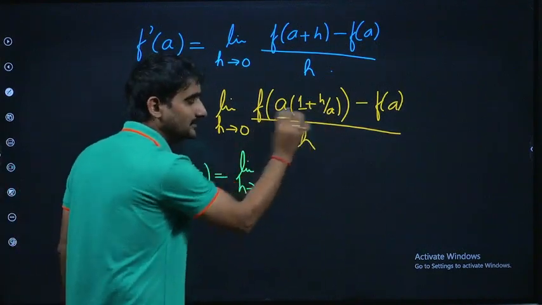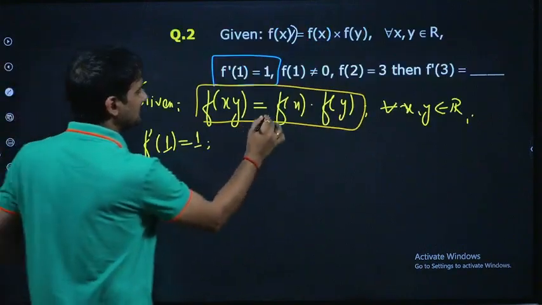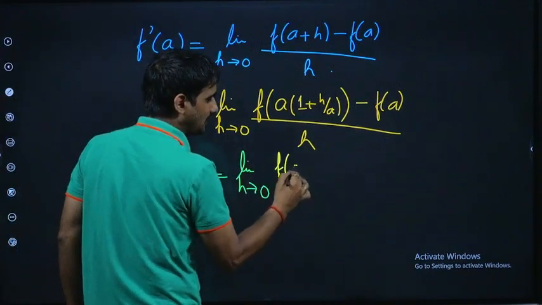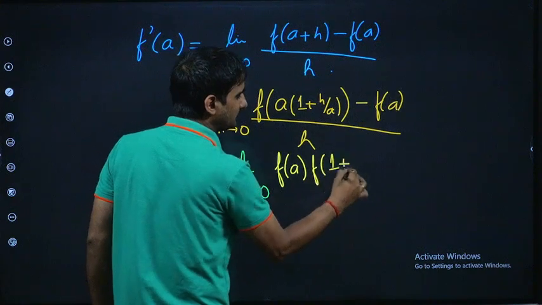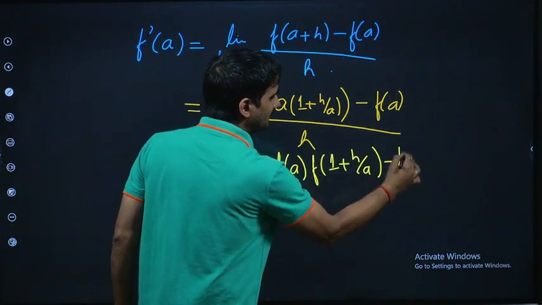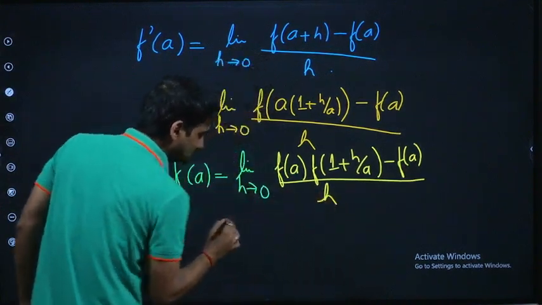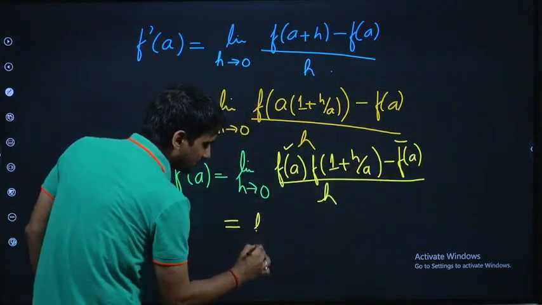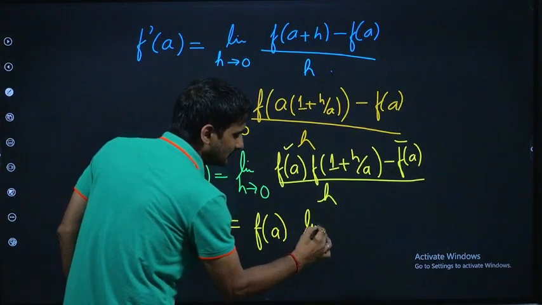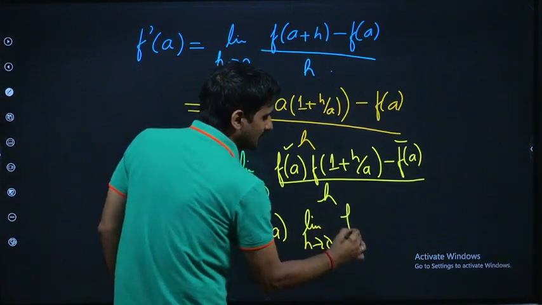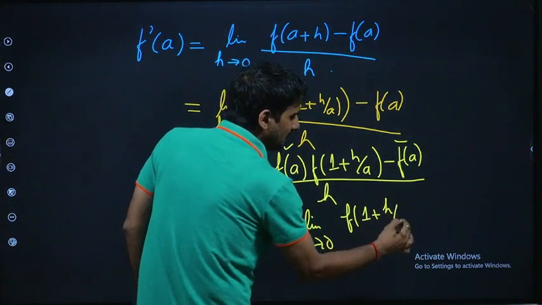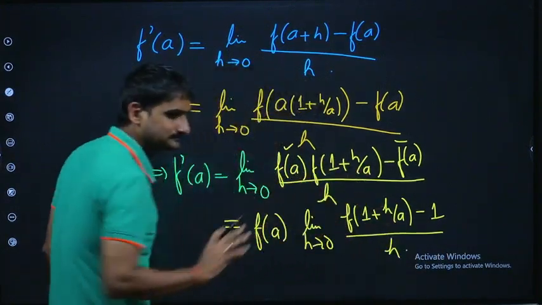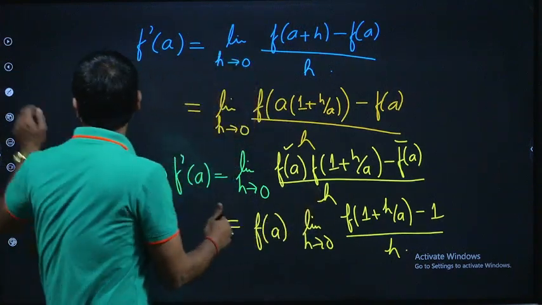As given in the question, f(xy) is f(x) into f(y), so it is f of a into f of 1 plus h by a, minus f of a, over h. Now the variable of the limit is h and we have f(a) common, so it will come out of the limit. Taking it out, f(a) times the limit as h approaches 0 of f of 1 plus h by a minus 1, of course, upon h.